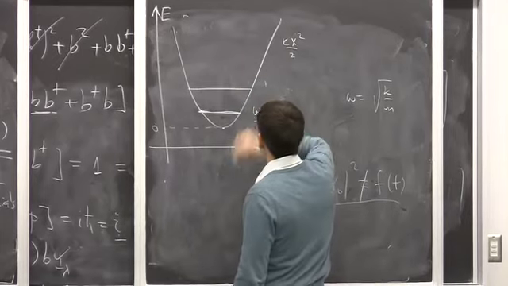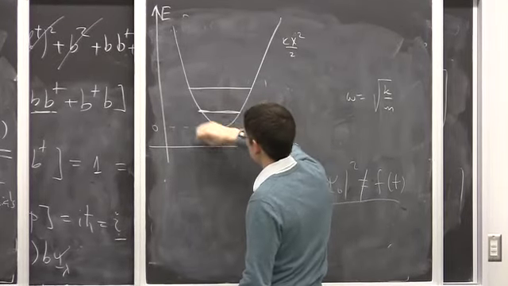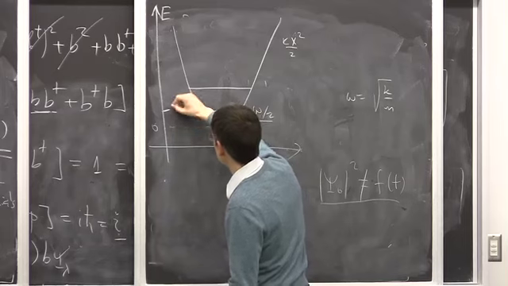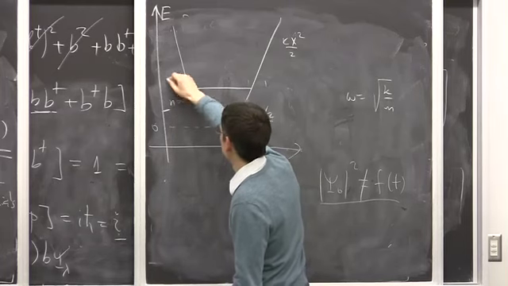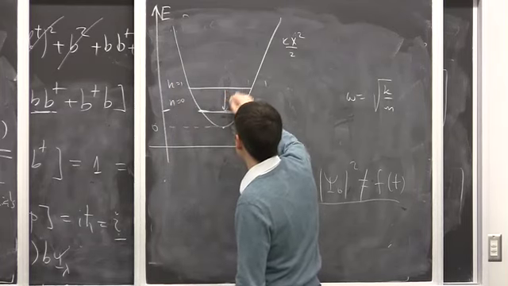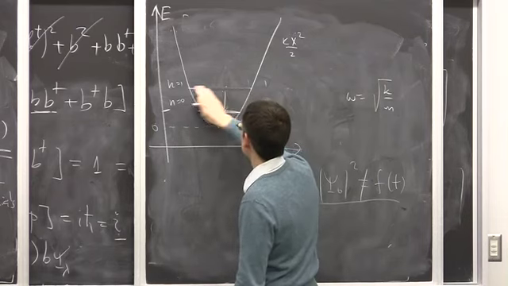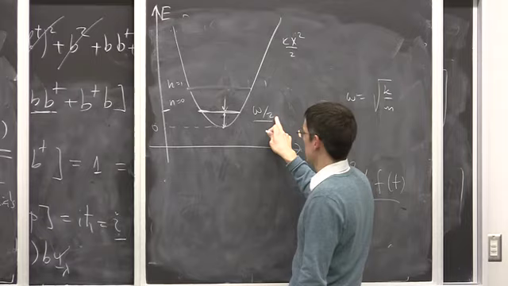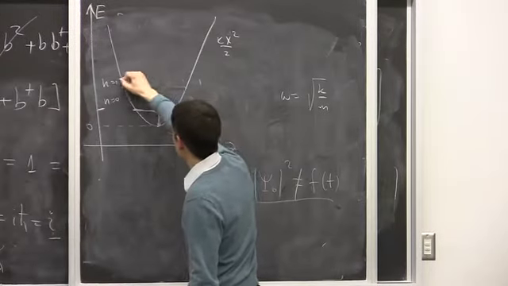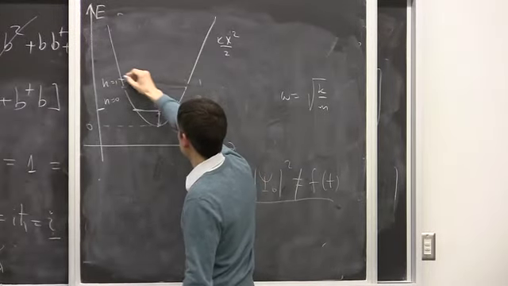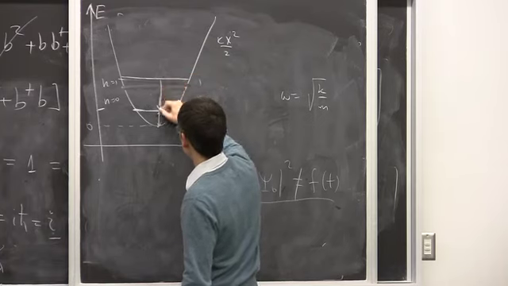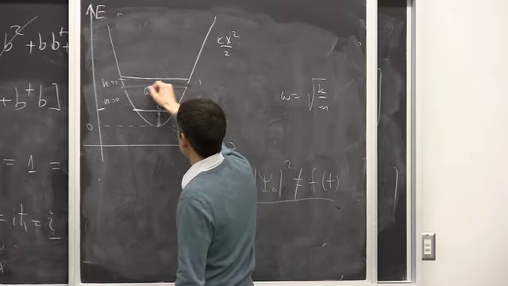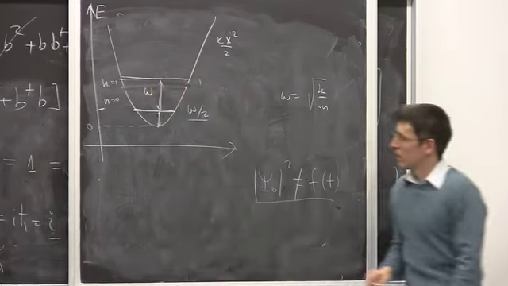Then you have other eigenstates. Say this is n equals 0, n equals 1. The distance here, I'm a little bit off the scale. Let me be more careful. So this is omega divided by 2. Then I need to take twice that distance. Say this is my omega, right?